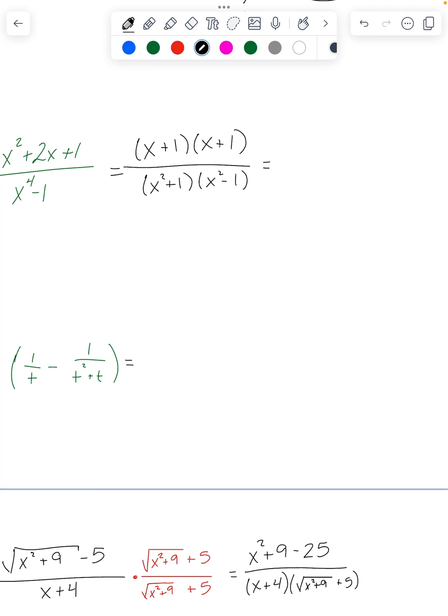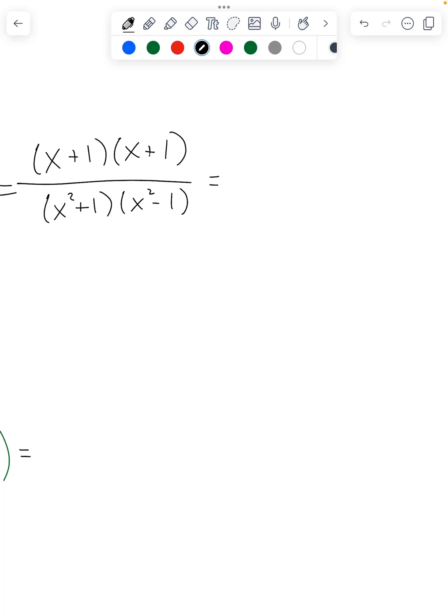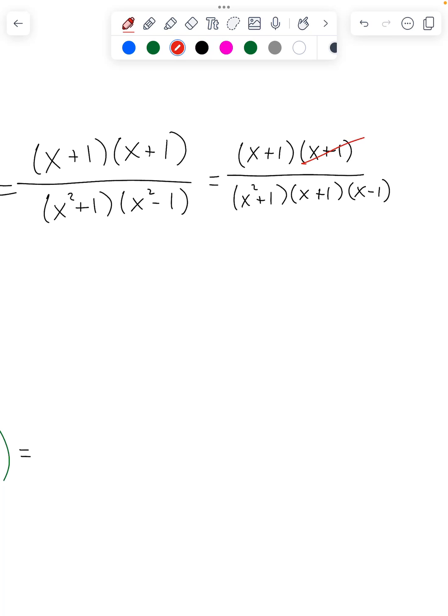I can split that up as x plus 1 up top still, over x squared plus 1, x plus 1, x minus 1. I can reduce one of those and I get x plus 1.